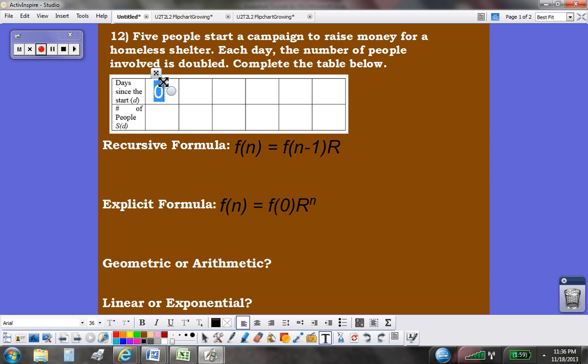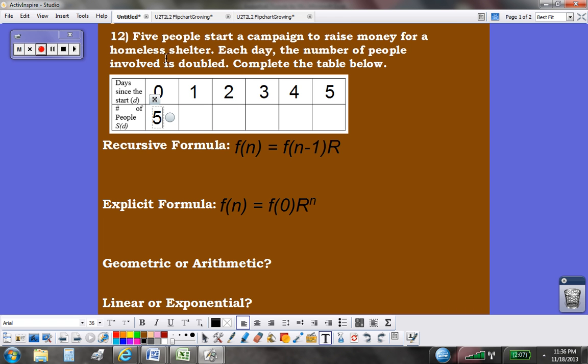Okay, so with 0, I have 1, 2, 3, 4, 5. Number of people. So again, what we have is 5 people.